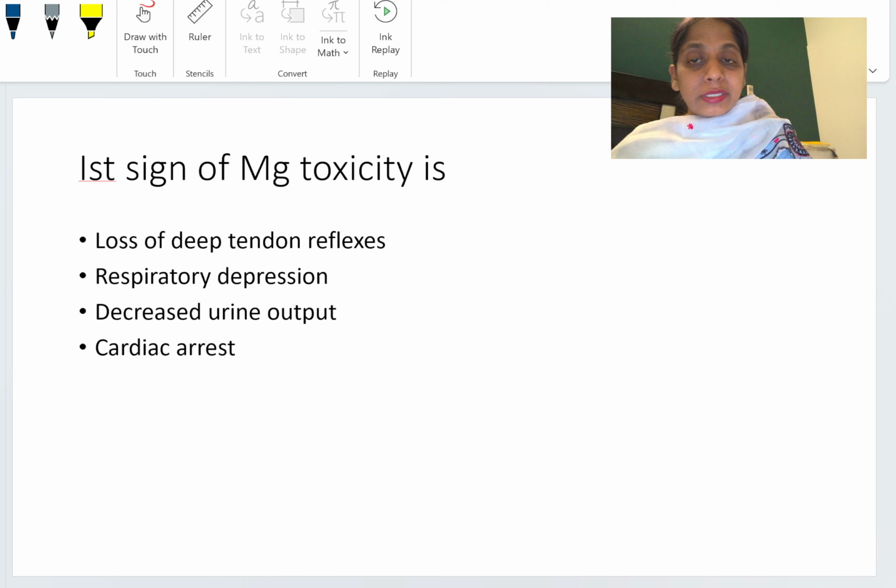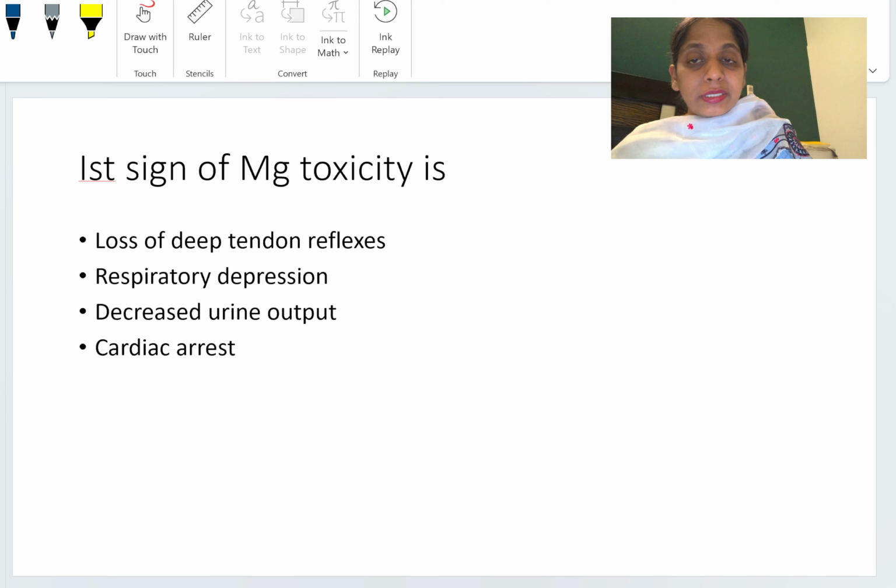range, 4 to 7 milliequivalent per liter. If the magnesium value goes above this range, then there is CNS depression, respiratory depression and cardiac depression.